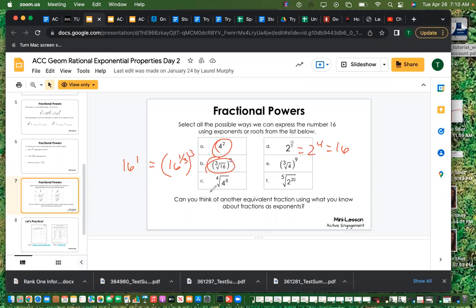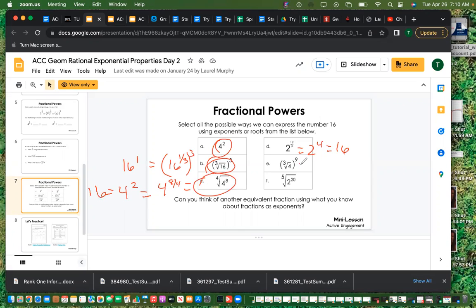That's also 16. Okay, this one, I've got 4 to the 8th power. We're taking the 4th root. I'm going to rewrite this as a fraction. So 4 to the 8 divided by 4, which is going to give me 4 to the 2nd, which is the same thing as 16.